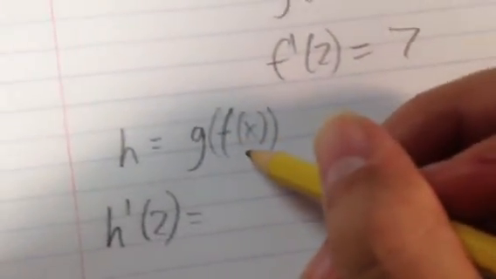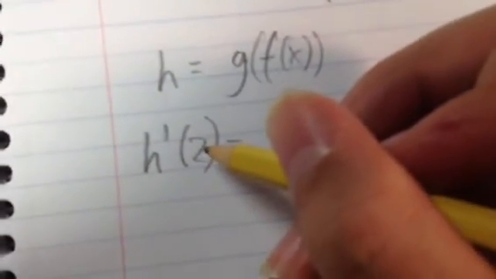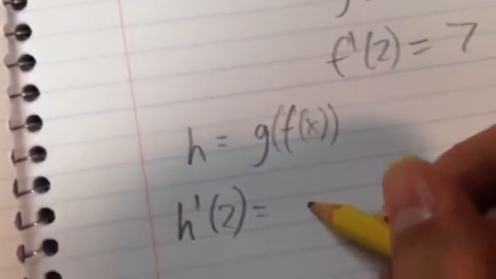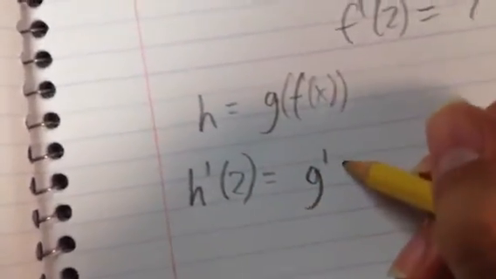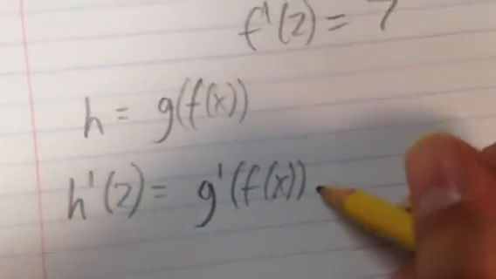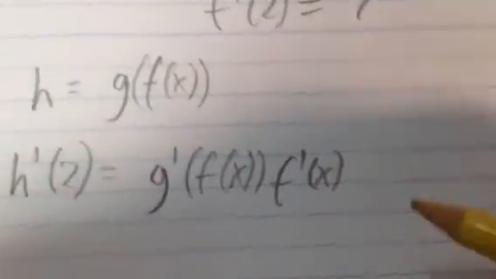Now, we know that h is a composition function, so its derivative is going to follow the same theorem. It is going to be the derivative of the outer function, which is g prime of f of x, multiplied by the derivative of the inner function, which is f prime of x.